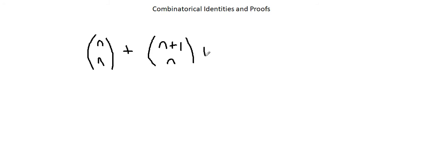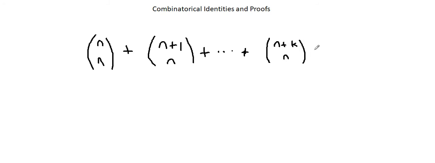Next identity we'll be looking at is a much more complex one. It is the hockey stick identity. It is called a hockey stick identity because it looks like a hockey stick when shown on Pascal's triangle. So basically it's n choose n, plus n plus 1 choose n, plus dot dot dot plus n plus k choose n.